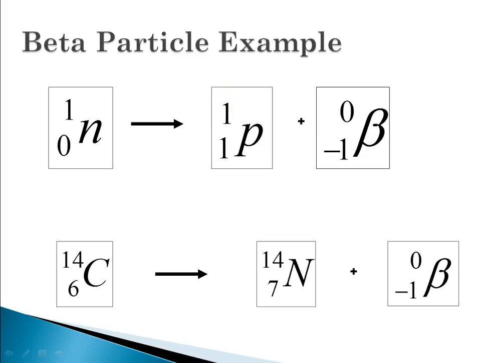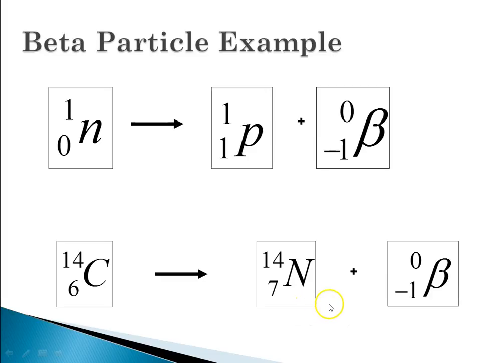Here, using carbon-14, showing a beta particle emission. So you're starting here with your carbon, and it's 6 for the atomic number or the subscript. And if we go to the right of the arrow, 7 minus 1 is 6.